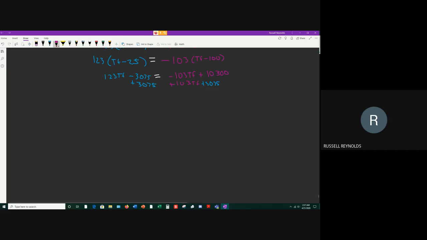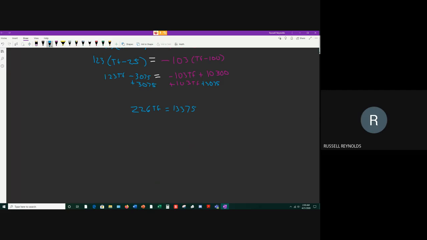So I'm combining two steps in one here. So what we will end up with is 226 TF is equal to this, once you add and subtract the like terms.